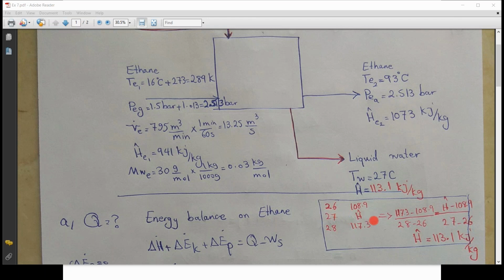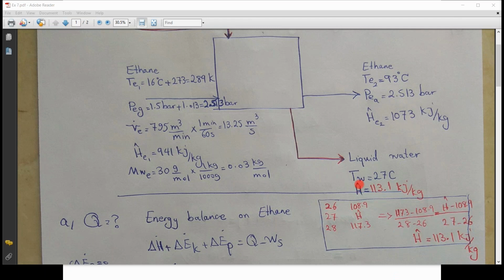How was the interpolation? I told you. Just write the slope formula for 2 points. This one minus this one divided by this one minus this one is equal to this one minus this one divided by this one minus this one. I just wrote the slope of these 2 points, and now this line.